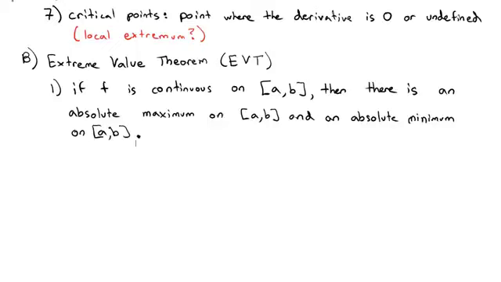In other words, if we take a closed interval, somewhere on that interval is going to be a maximum, and somewhere on that interval is going to be a minimum.